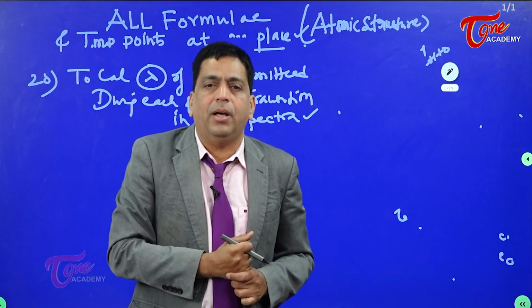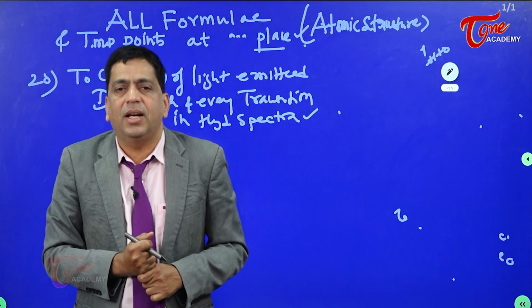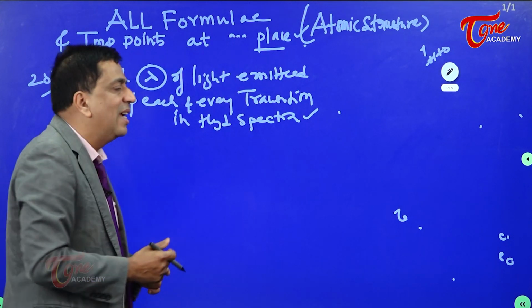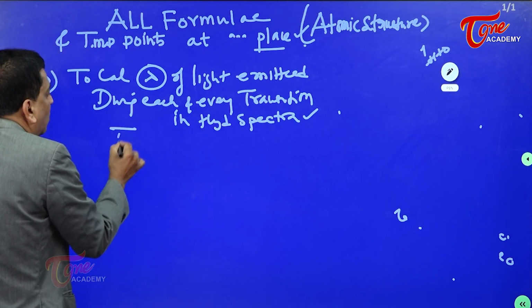To calculate lambda of the light emitted when an electron jumps from a particular energy level to a lower energy level in hydrogen spectra, use what? The Rydberg's equation.